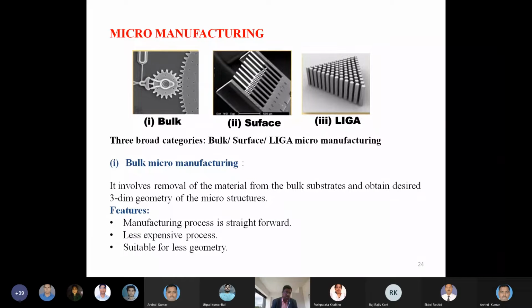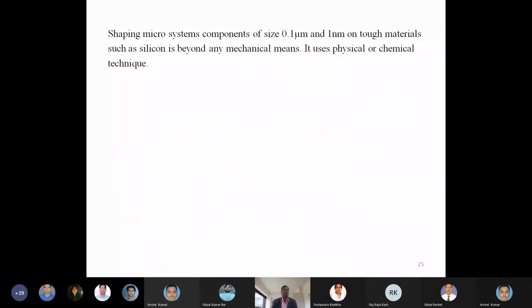It is usually used for manufacturing micro pressure sensor dies, etc. It is also limited to low aspect ratio components, because the surface dimensions are much larger than the depth. So the overall height of the microstructure is limited to a small thickness, and usually silicon wafers are processed in bulk micro machining systems.